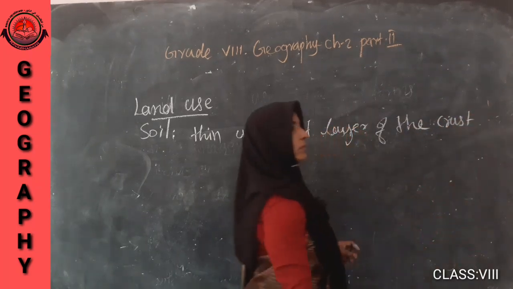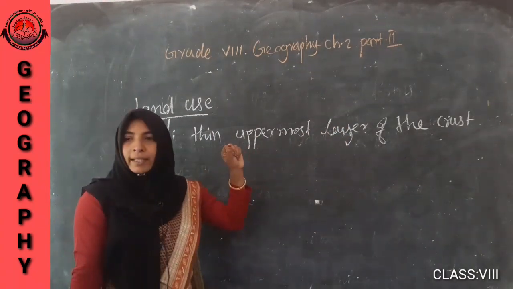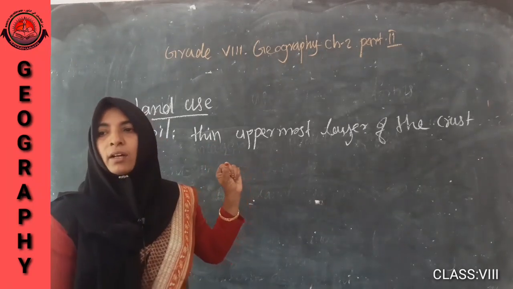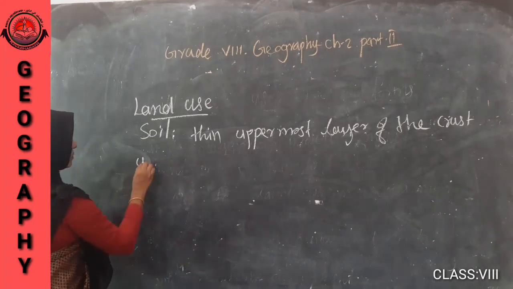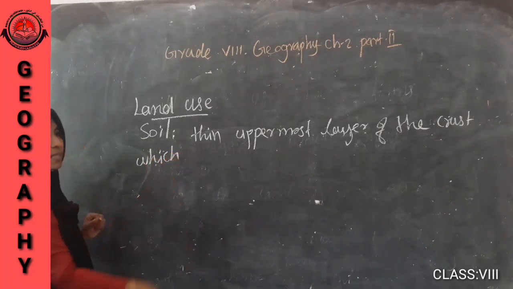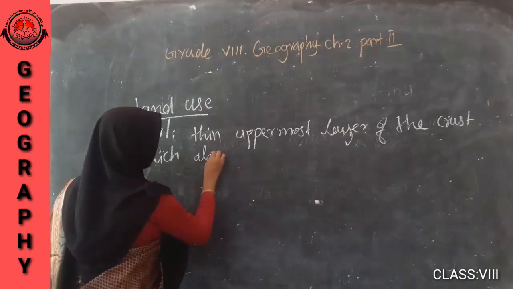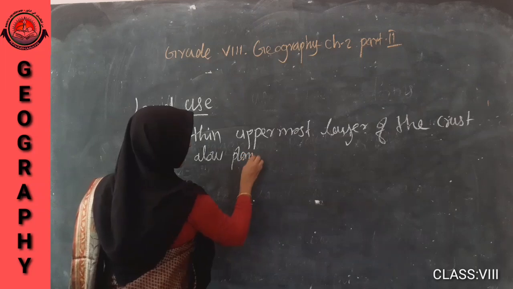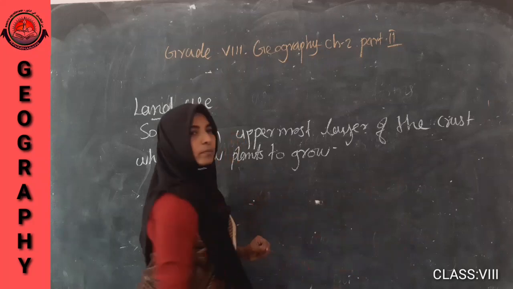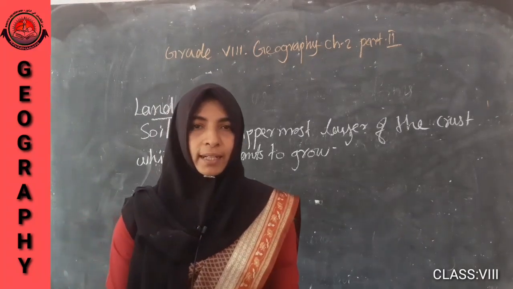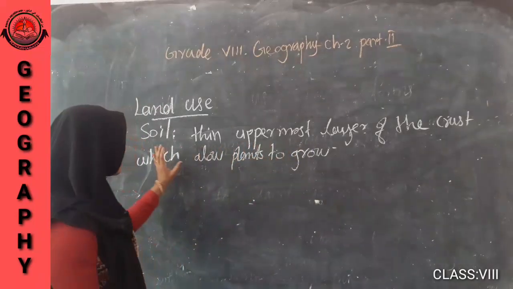What is the peculiarity of the uppermost layer of the crust which allows plants to grow? That uppermost layer of the earth crust is known as soil.